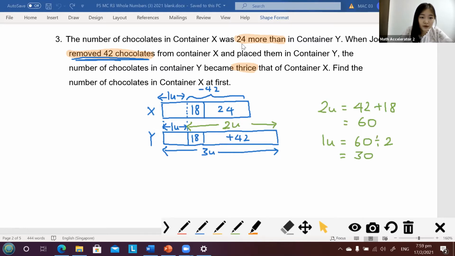Let's take a look at your answers. The majority of you chose 72 chocolates as your answer. Some of you here and there chose the other option. So let's take a look.